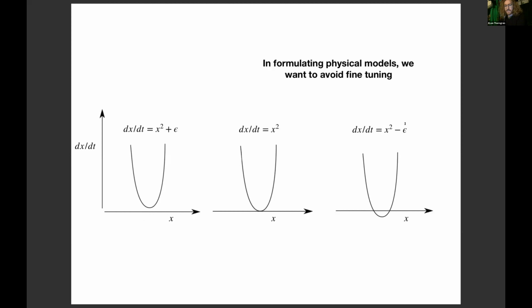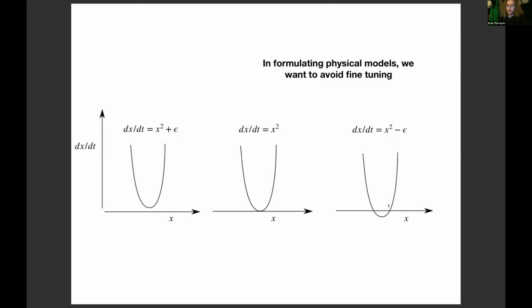Meanwhile, if I had the opposite sign for epsilon, or take minus epsilon with epsilon greater than 0, then I still have a fixed point, but actually I have 2 fixed points now. I have one fixed point, which you can reason that since the velocity is positive on the left of the fixed point and negative on the right of the fixed point, this is a stable fixed point. It has an attractive basin of all of the points to the left of it and all of the points in between these 2 zeros of the parabola where the velocity is negative.